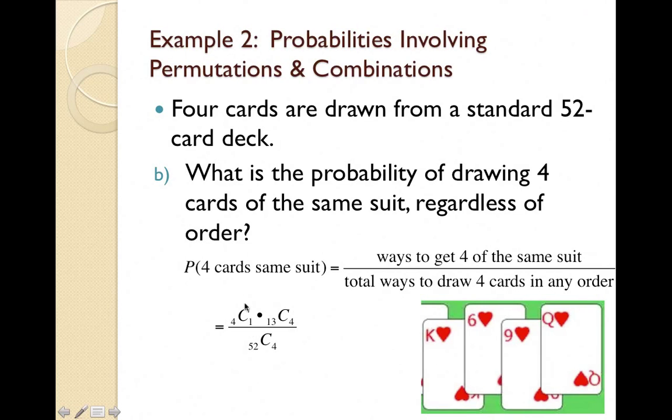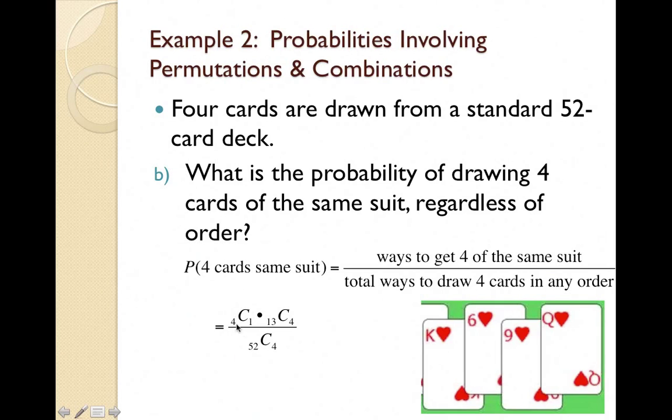Also notice our numerator now. Our numerator is the product of 2 different combinations. The first combination tells us how many different ways we can choose a suit. The hearts, the diamonds, the clubs, the spades. So there are 4 suits to choose from. We're taking one of those.